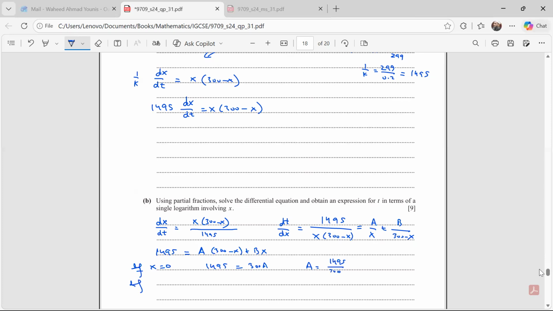Similarly, if I put x equal to 300, I will have 1495 equals, x is 300 so this is gone, 300 into B. So again, B has the same value, 1495 over 300.